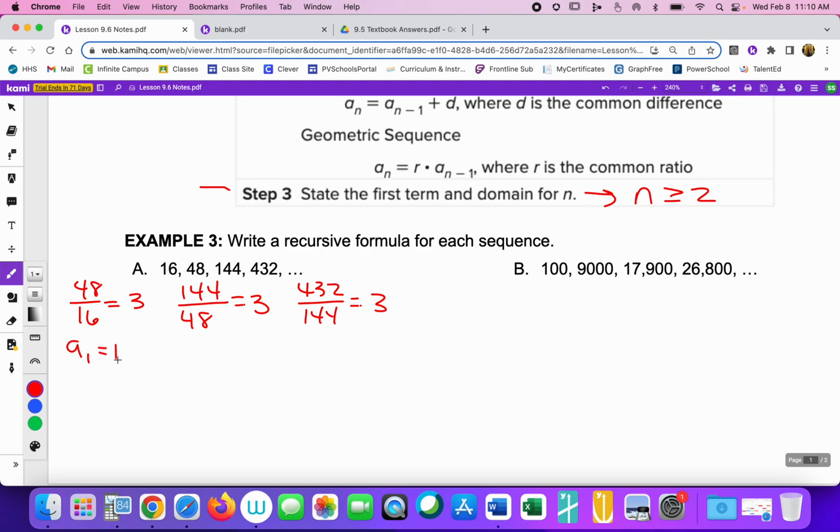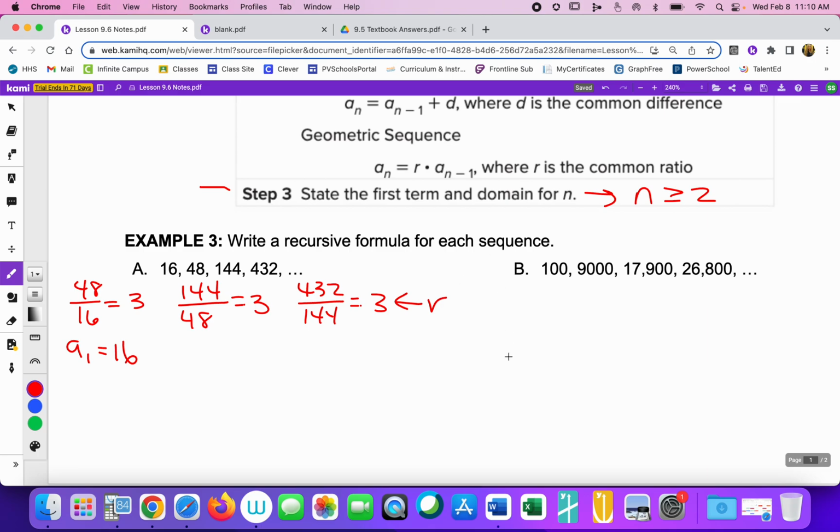So our first term is 16, which you will list as a part of your answer. That's the first part. Now we need R. It's the common ratio of 3. So we already know R is 3. So you need that information anyway.